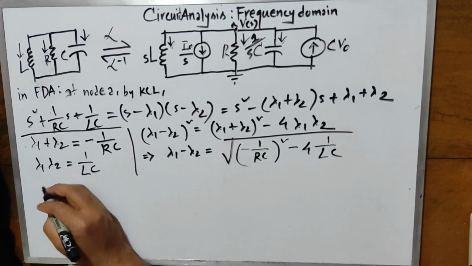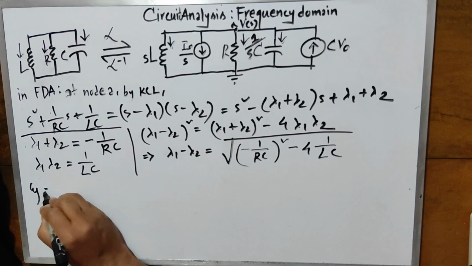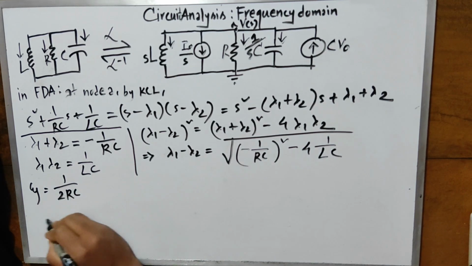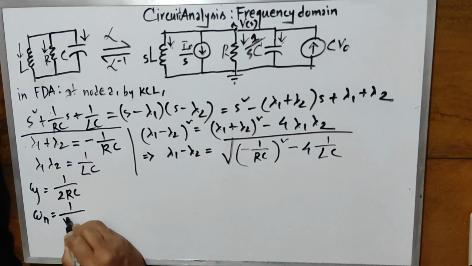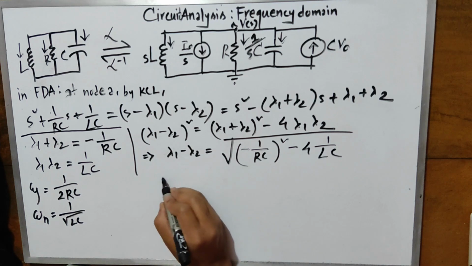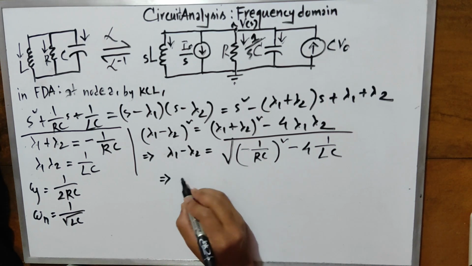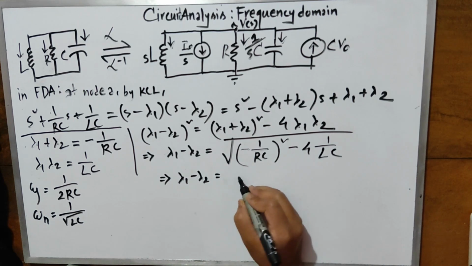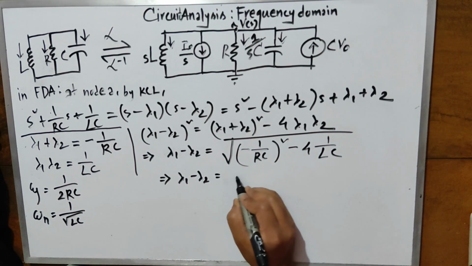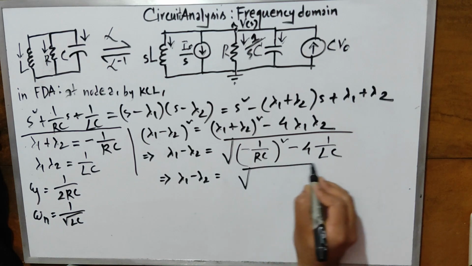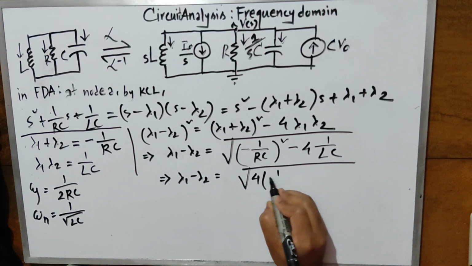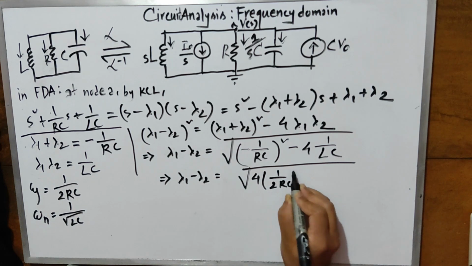If I define the damping factor here, which is 1 by 2 RC, and the undamped natural frequency omega n as 1 by root LC, it will easily give me the result in terms of 1 by 2 RC.